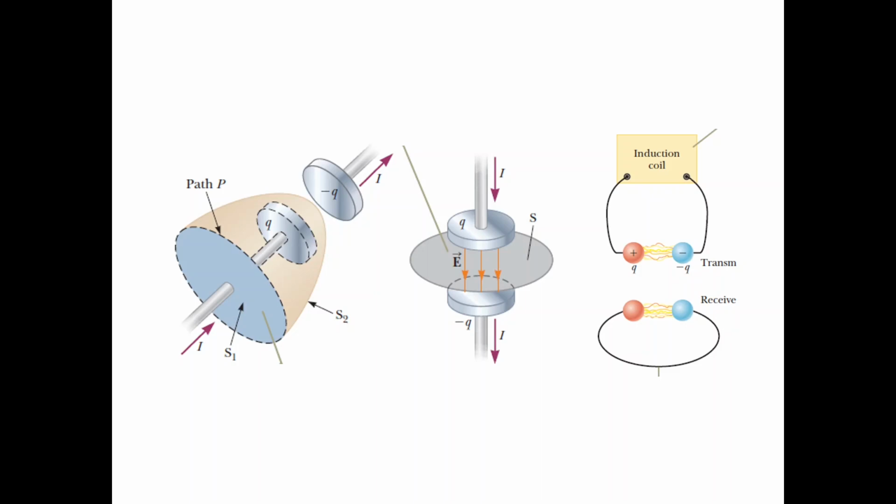So what we get, let's write it down here. So for S1, we get integral over closed path B vector ds vector will be equal to mu naught times I. For S2, integral over closed path B vector ds vector will be equal to 0, since current is equal to 0.